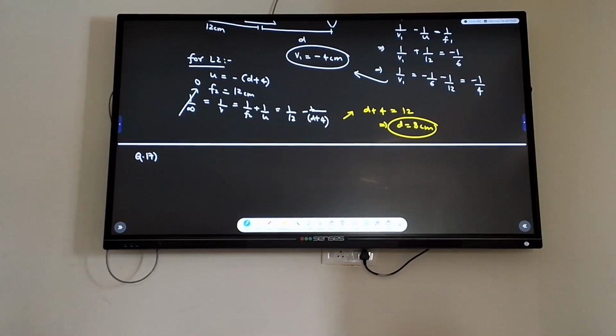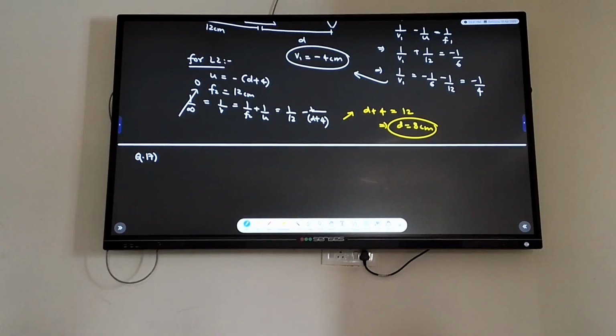I'm sticking with the direction of incident rays. Here the direction of incident rays is like this, so this is possible. For this instrument, the direction of incident rays are like this is possible. Keep on changing the direction. This side is possible.